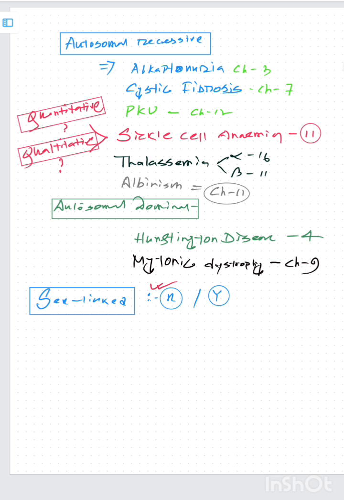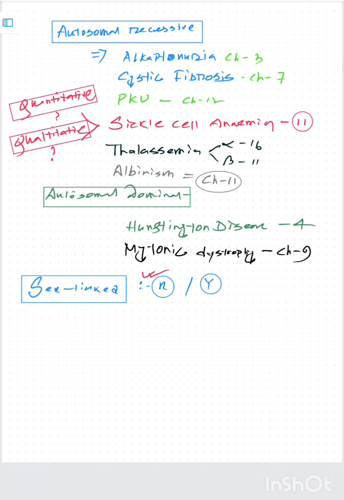You should remember at least 5 to 6 diseases which are autosomal dominant and autosomal recessive. First one, let me write sex-linked dominant. You can write Rett syndrome, or you can write hypophosphatemic rickets.